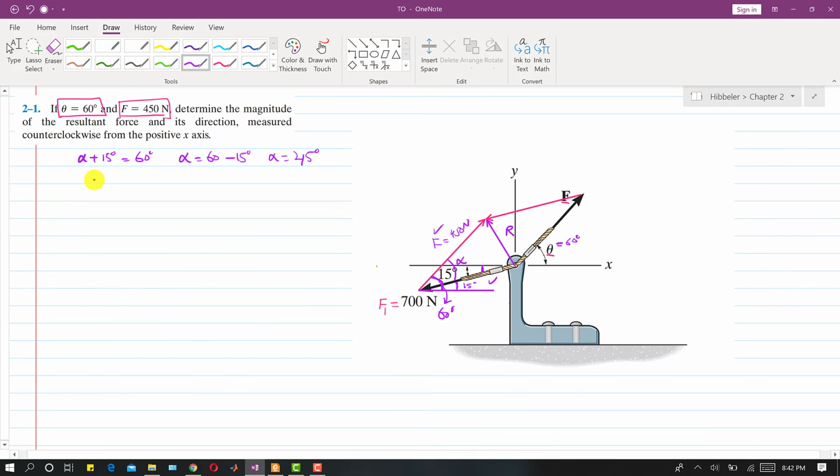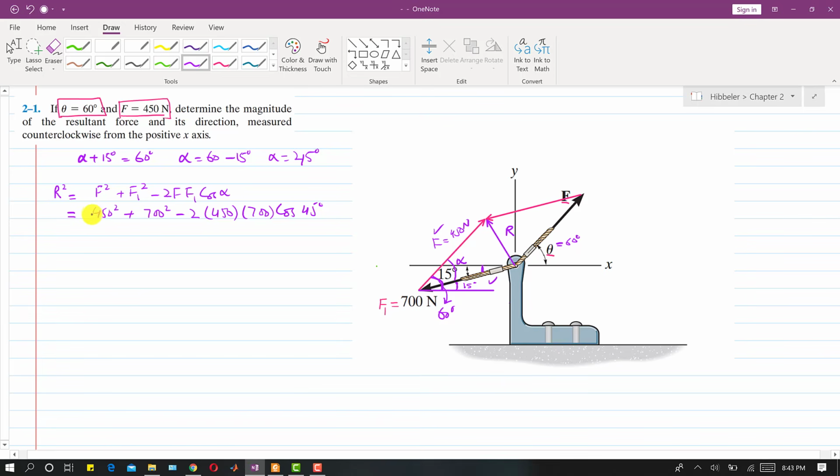So we can apply the cosine law. If I apply the cosine law, then R squared will be equal to F squared plus F1 squared minus 2 F F1 cos of the included angle, that is alpha. If I put in the values, this will be 450 squared plus 700 squared minus 2 into 450 into 700 cos of 45 degrees.